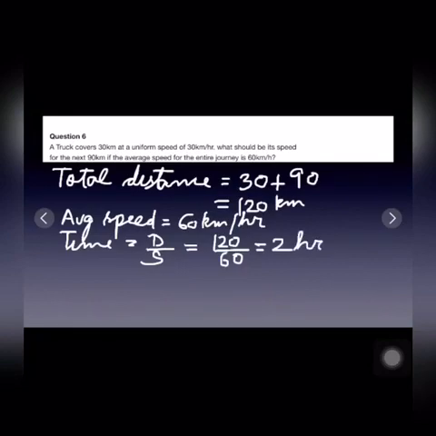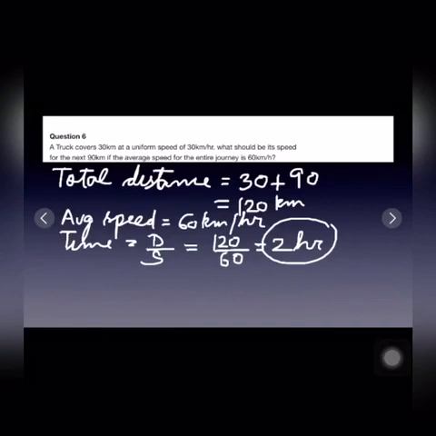So now when traveling with 30 km per hour for 30 km, time taken is 1 hour, because here it is written in the statement that a truck covers 30 km at a uniform speed of 30 km per hour, and total average time which is taken is 2 hours.